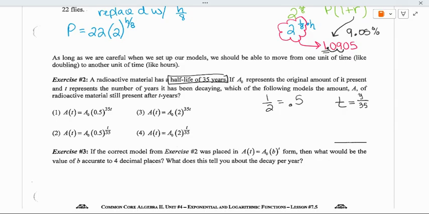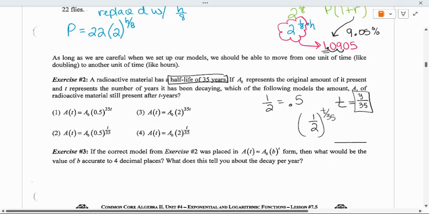So you want some variable. I put the number of years over 35. They're using t over 35. But we know that our multiplier is 1/2. Okay, and A sub 0 was the initial amount. So what equation models that? Number 2.